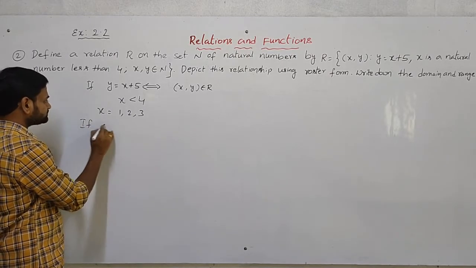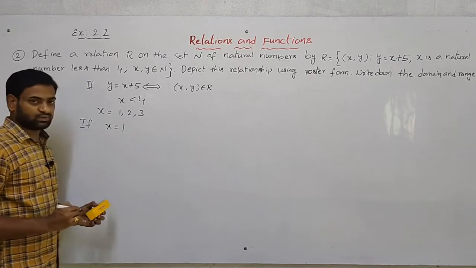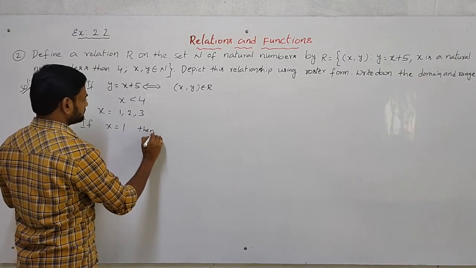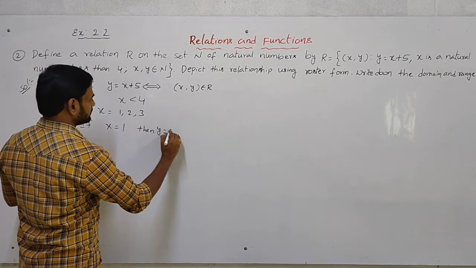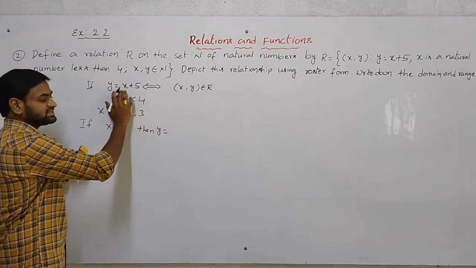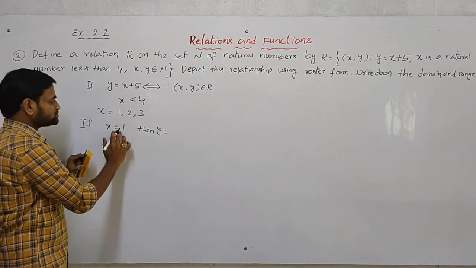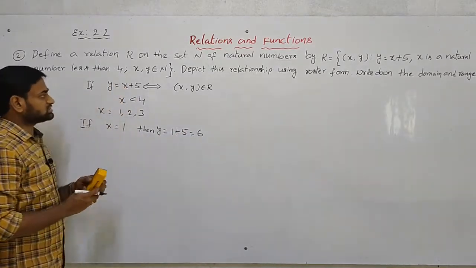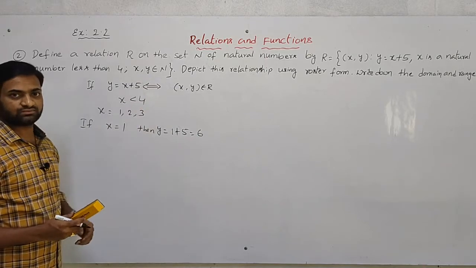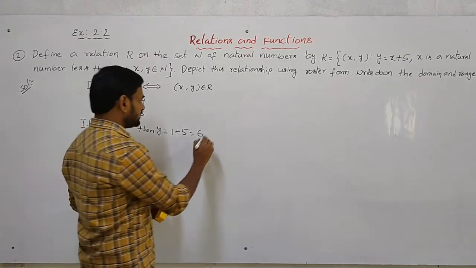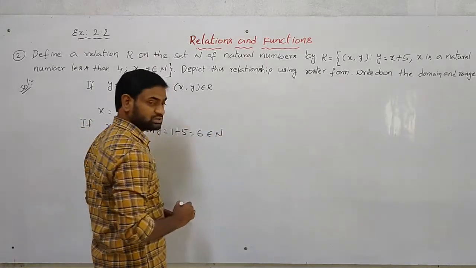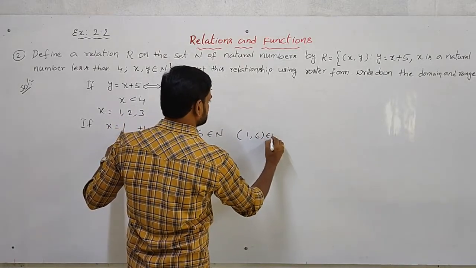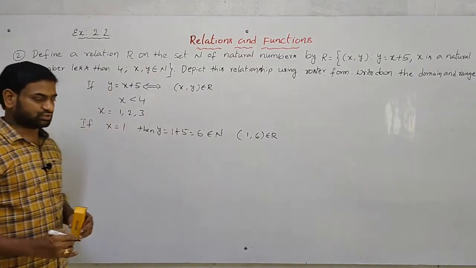Now first I am taking the first value. If x equal to 1, then y equal to x plus 5. The condition is x plus 5. So the x value is 1, 1 plus 5, that is 6. Now this 6 belongs to natural numbers. So we can take the ordered pair (1, 6) as belonging to the relation.